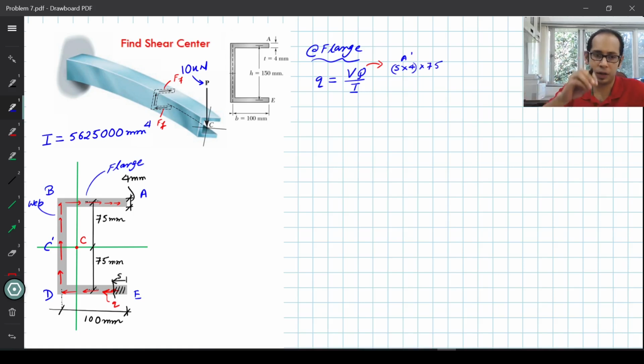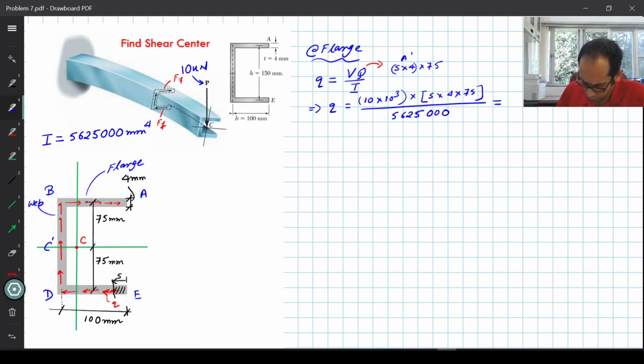So if we plug all of these in, you get the expression for q as q equals 10, that is the load, times 10 cube. So I'm converting to Newton, times what we just calculated for capital Q, S times 4.